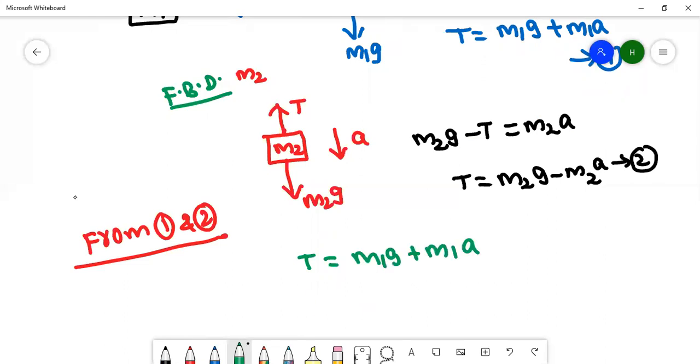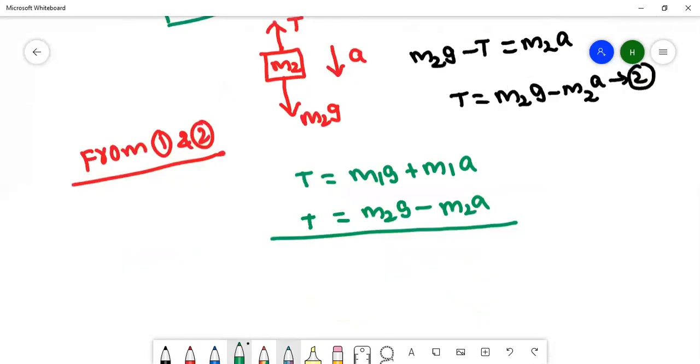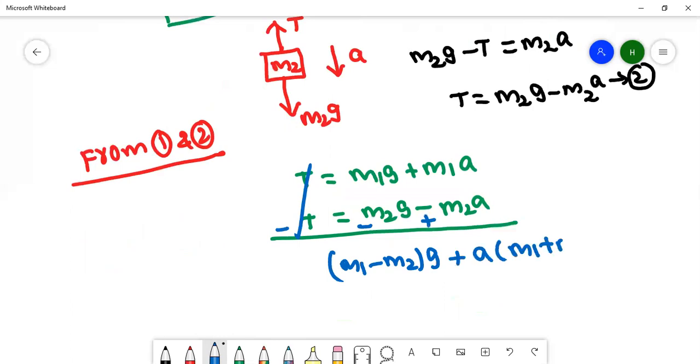Then tension T is equal to M2G minus M2A. I'm going to subtract this. If you subtract it, tension will get cancelled. So what we are going to get here: M1 minus M2 into G plus acceleration, you can take common, M1 plus M2, that is equal to 0.